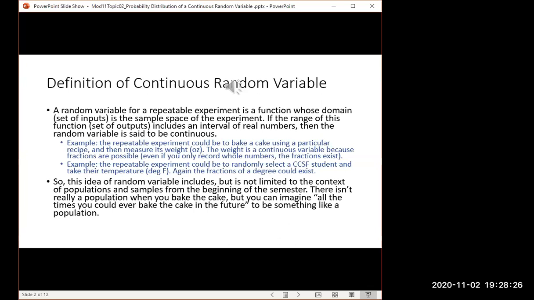In the latter case, you have a finite population of people to choose from, but with baking the cake, you're just thinking about all the infinitely many times you could bake the cake in the future. But either way, once you have an outcome or a selected individual, you just measure something. And if that result could be any real number in some interval, including all the little fractions in between, that's a continuous variable.